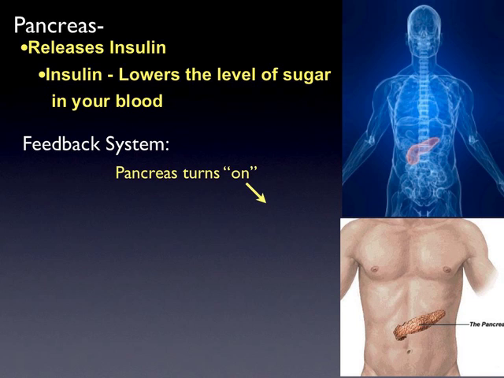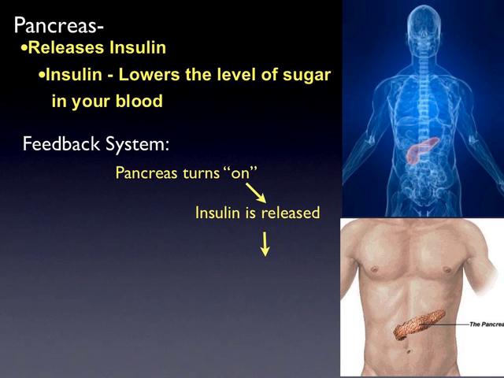So you're going to fill in between these arrows. So it starts producing insulin, and it sends this insulin into your blood. And like you said, what insulin does is it lowers your blood sugar. What it really does is it tells your body cells to take it in.